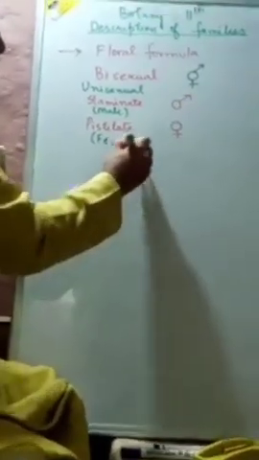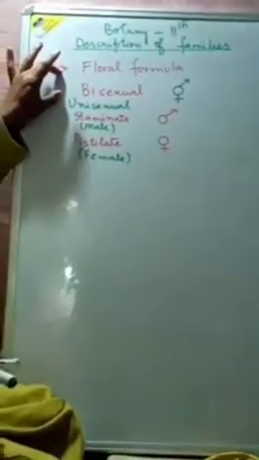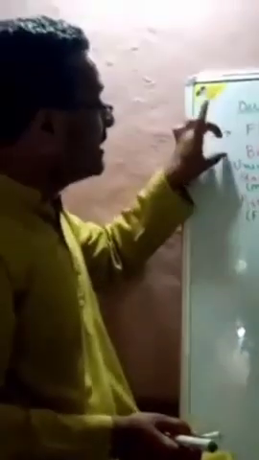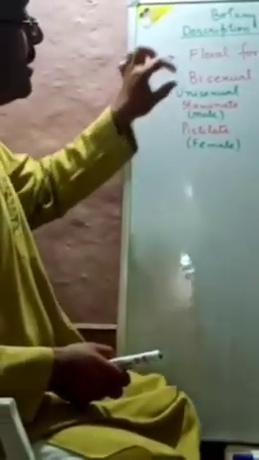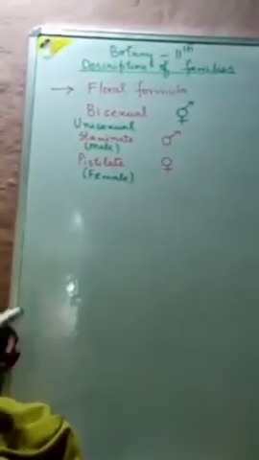Now we have studied the sex organs. When the flower is bisexual, that means both the sex organs are present in the same flower. It is symbolized. We do not have to write the complete word bisexual, we have to only write this symbol. If it is unisexual, that is staminate, we have to write only this sign. If it is only pistillate, that is the female, you have to write only this symbol.